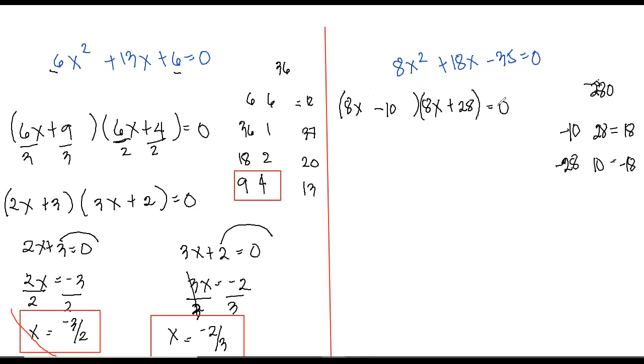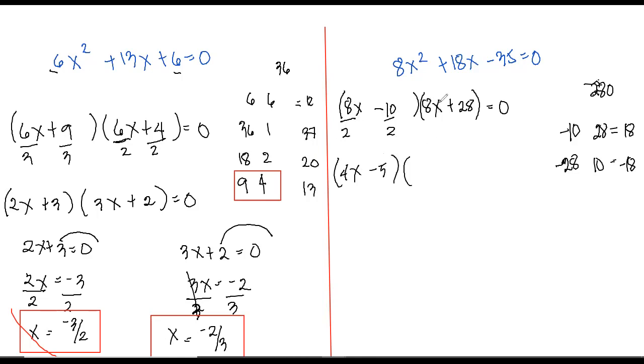Now let's find the greatest common factor of every term. We can divide them by 2. So 8 divided by 2 is 4x, then negative 10 divided by 2 is negative 5.